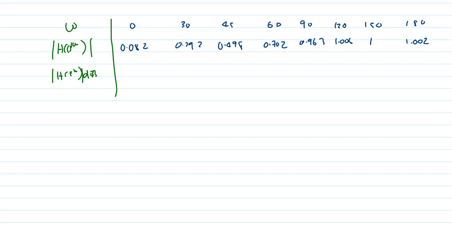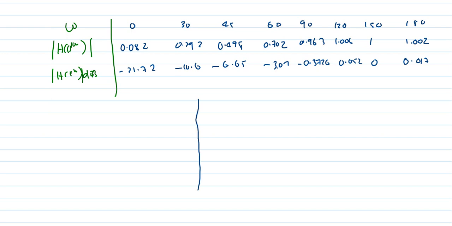And if you convert this into decibels, it is minus 21.72, minus 10.6, minus 6.65, minus 3.07, minus 3.07, minus 0.3726, it becomes 0.052, this is 0 and this is 0.017.